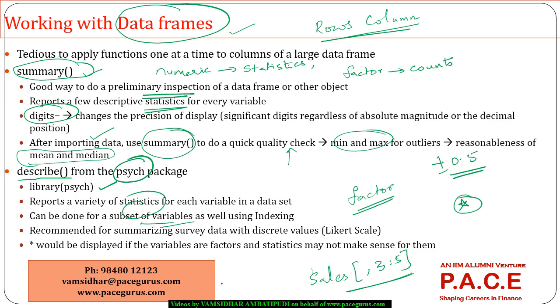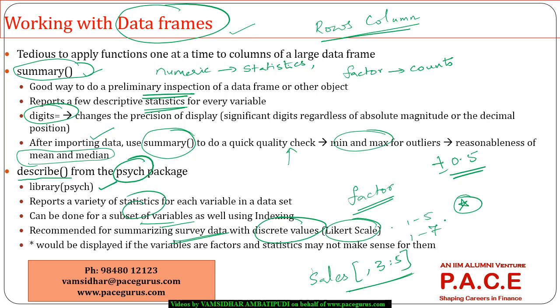So generally this is a very interesting package, a very interesting function, especially when I am dealing with summarization of survey data, where a lot of discrete values are there. I've done a survey, collected the opinions of the participants on a Likert scale, probably a 1 to 5 kind of a scale or 1 to 7 kind of a scale, strongly disagree to strongly agree.